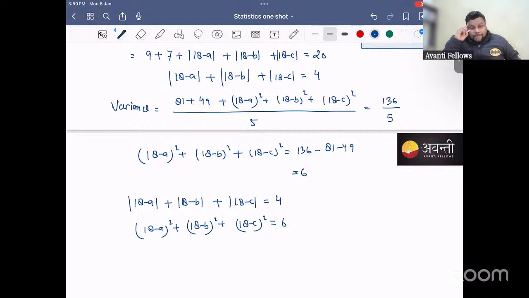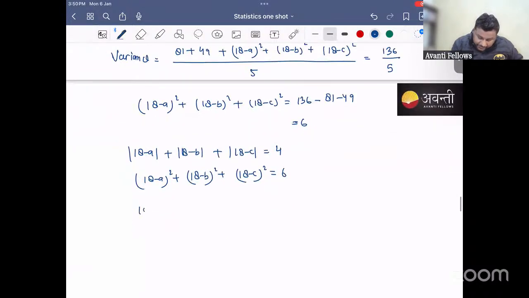Yes or no? So if it is so, that means one possibility can be that (18 minus A) square is 1, (18 minus B) square, let's take square, is also 1, and (18 minus C) square is 4.